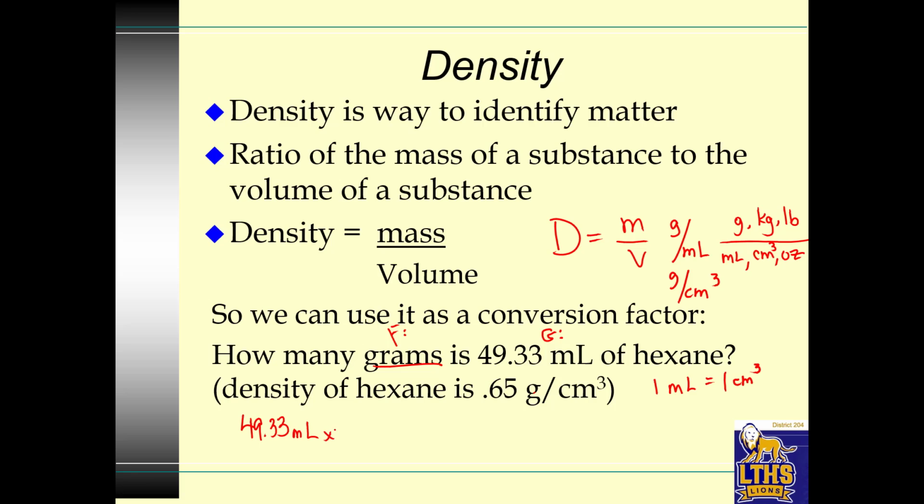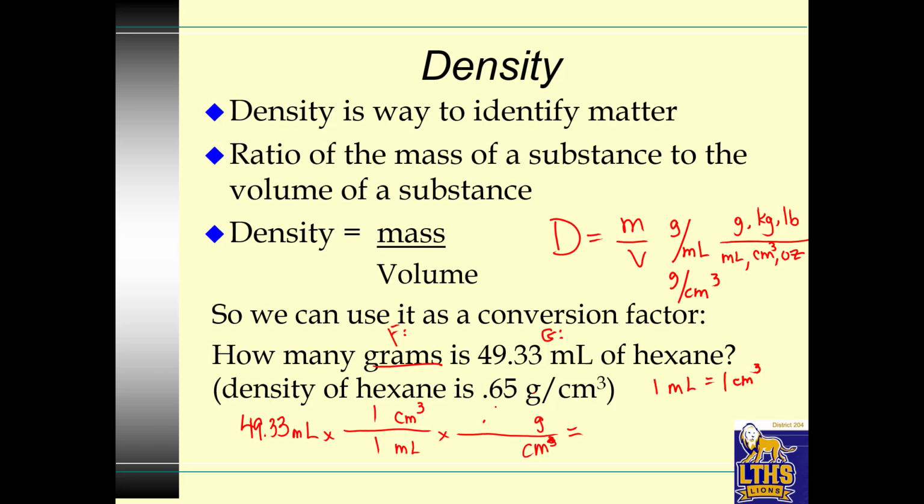So I'm going to start by converting my milliliters into centimeters cubed. And then I'm going to use density, which has centimeters cubed on the bottom and grams on the top, to help me convert. Okay, so 1 centimeter cubed equals 1 milliliter. You might be saying to yourself, that's going to equal 49.33, and you're right. But it's important that I use the unit conversion here.